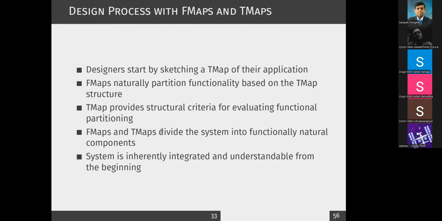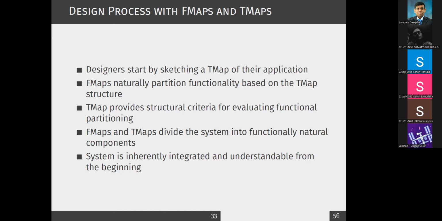So now let's look at how the design process happens with these two types of maps. Usually they start sketching what we call the type maps, because that's the first step. You identify the structures of these objects, right?